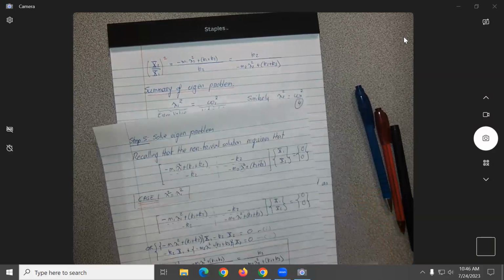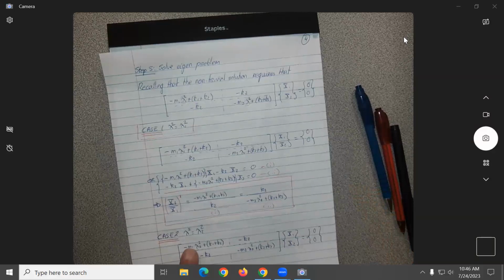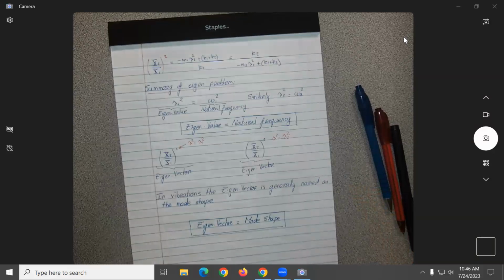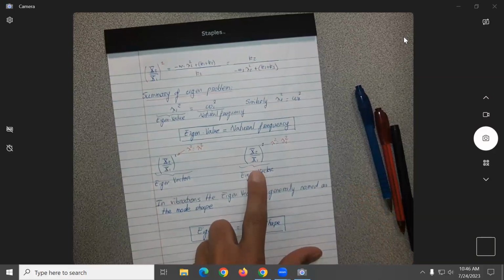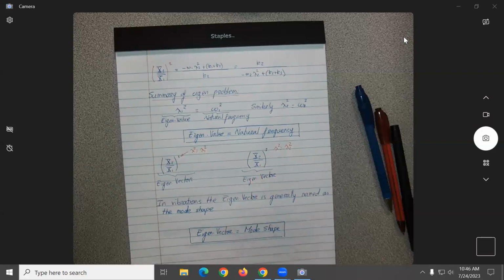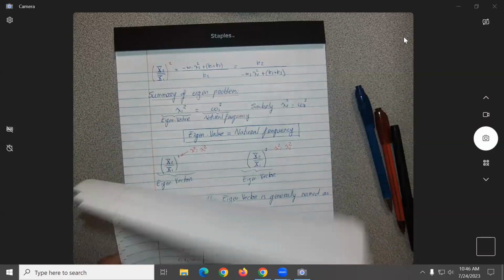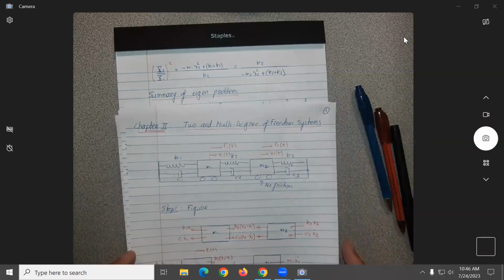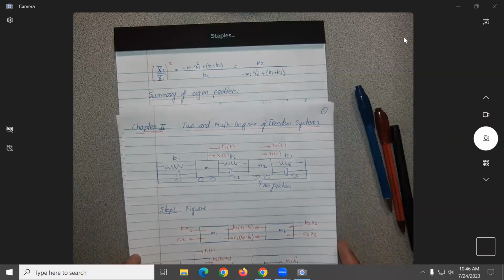Now, what's going to happen probably in case 2 is that the ratio given by case 2, x2 over x1, will be equal to -1. So if it's equal to -1, what does that mean? It means those two move in opposite directions.